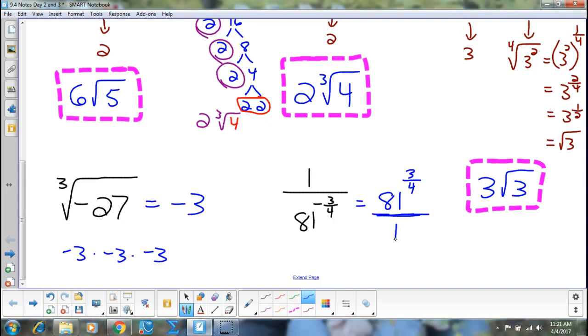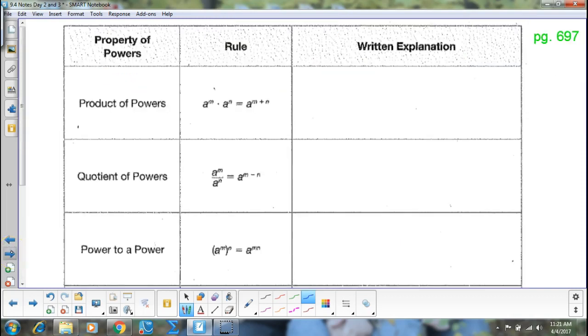Okay? In your textbooks now, on page 697, okay, we're going to talk about those properties of powers. Okay? You've seen most of these properties of powers before.